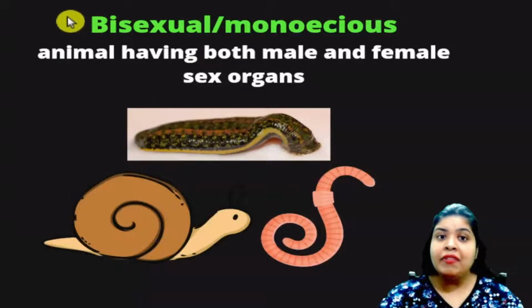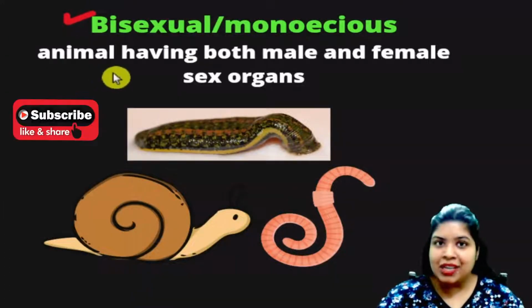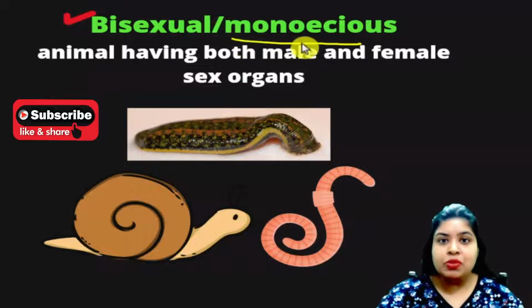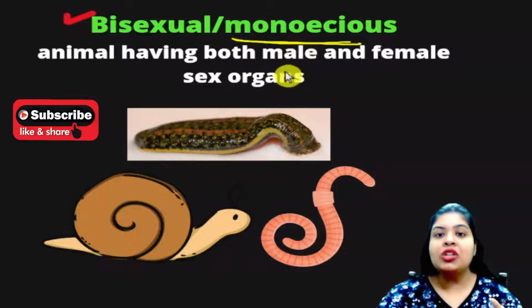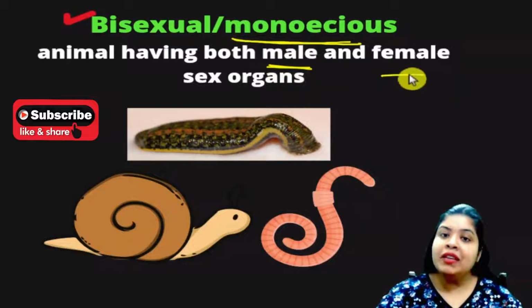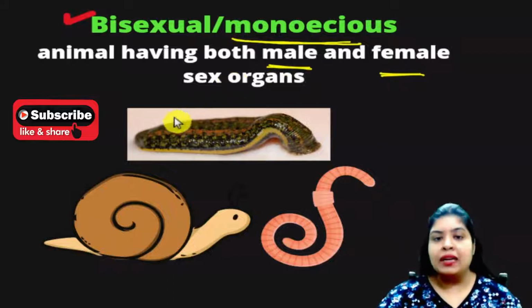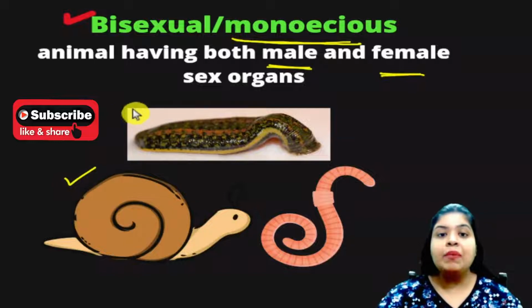So if we have individuals which are bisexual or monoecious, when we talk about monoecious or bisexual organisms, these are the animals which have both male and female sex organs in the single organism. For example, we have snails, leeches and also the earthworm.